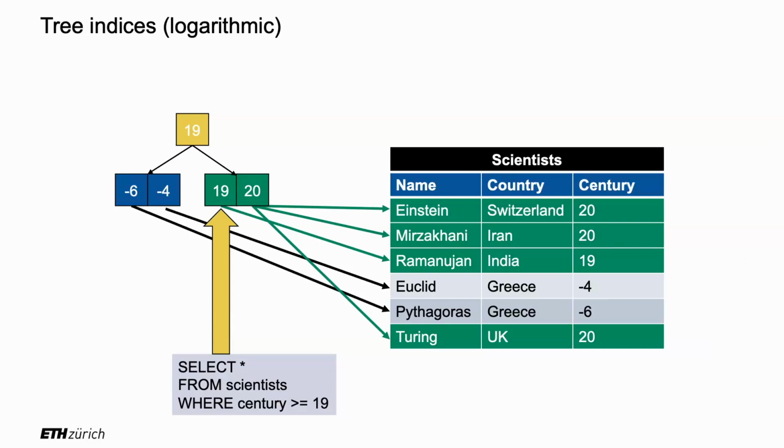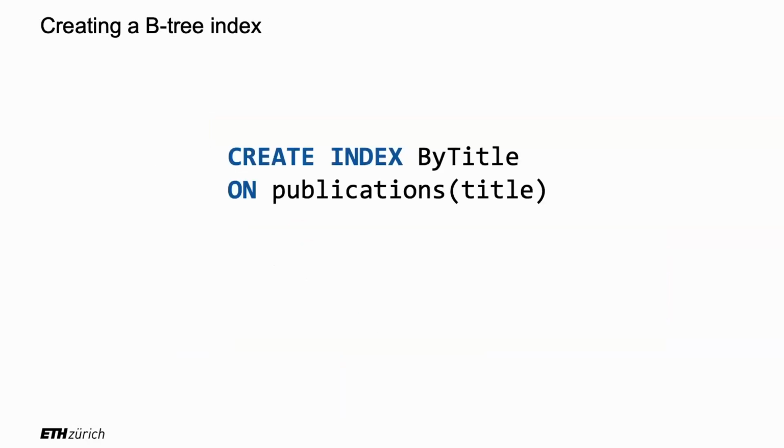Now, the next thing I would like to tell you is, how do you tell PostgreSQL to create these indices? We have commands for that. And it looks like this. So again, the context here is I have already created a table. I have already put data in there, right? There's maybe millions or billions of records in my table that's called publications.